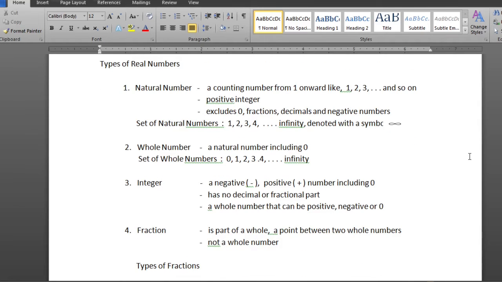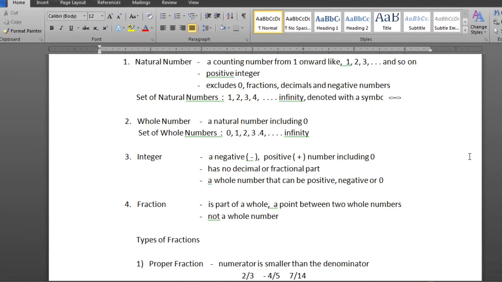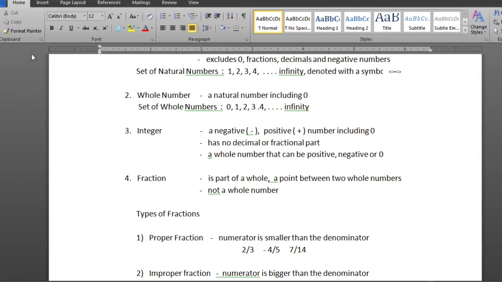The third type is the integer. An integer is a negative or positive number including 0, but it has no decimal or fractional part. It's a whole number that can be positive, negative, or 0.